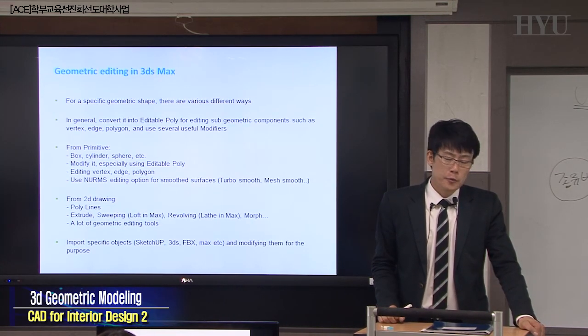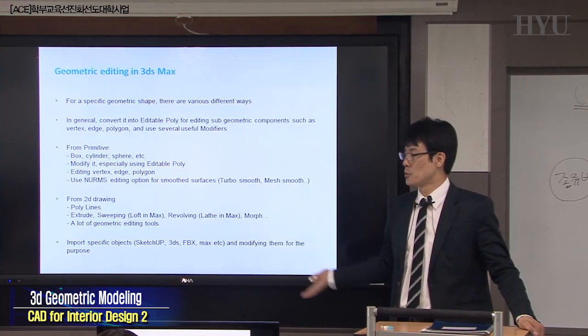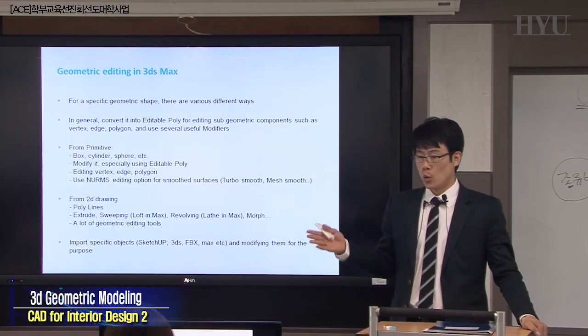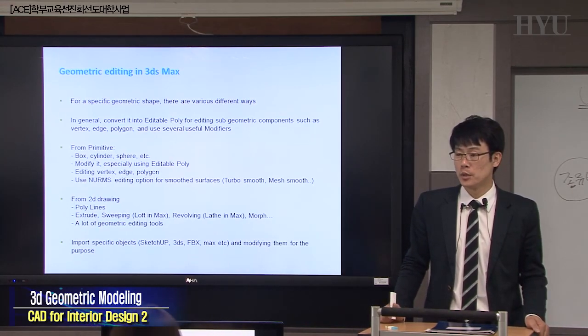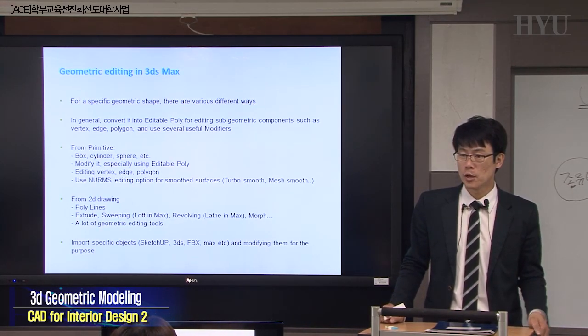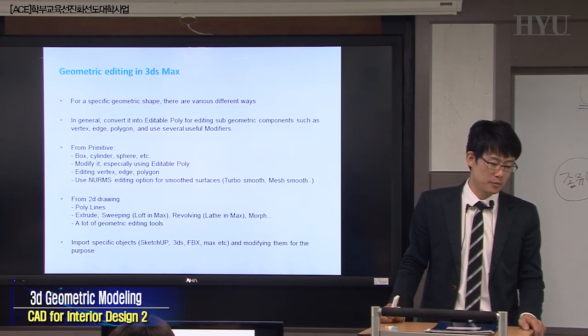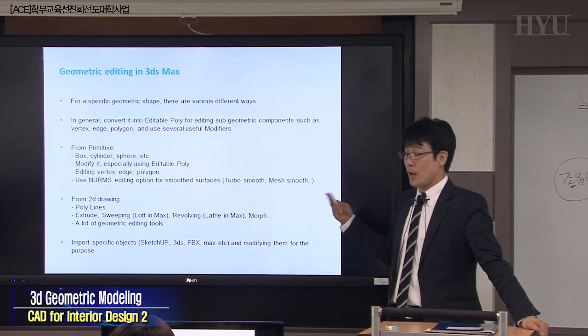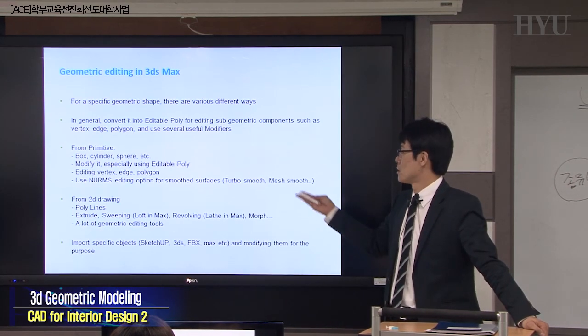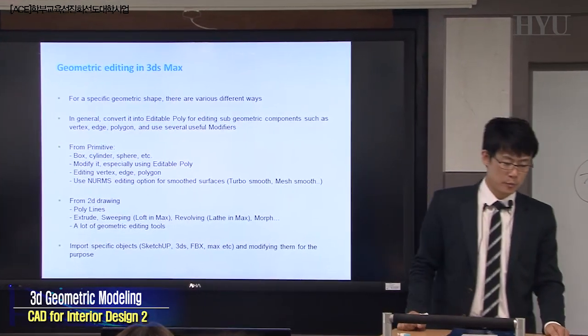So from a box to a specific interior room, even when you create a big-scale building, even high-rise buildings, you can get started from a box object. And as I told you, it is iterative, sometimes a never-ending process of modification from that primitive.